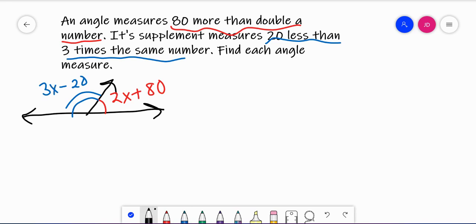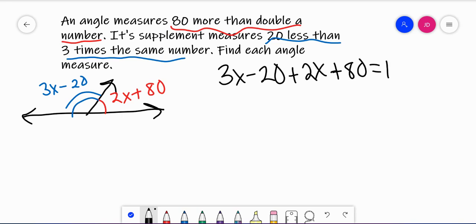All right, we make our equation: 3x minus 20 plus 2x plus 80 is 180.